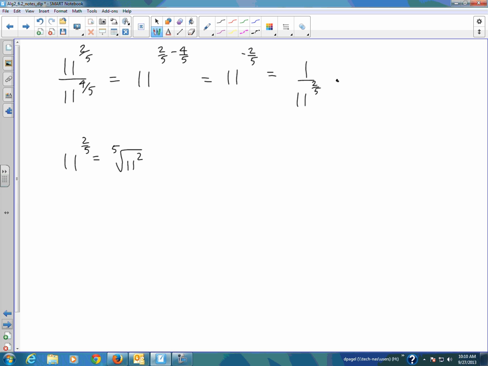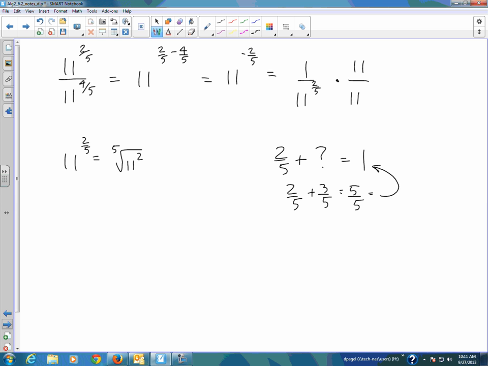If I want this thing to have no fractional exponent in the bottom, what do I add to 2/5 so that this thing just becomes 1? Well, if we add 3/5 to 2/5, I create 5/5, which is this 1 value. And that's the power I want to see in the denominator.